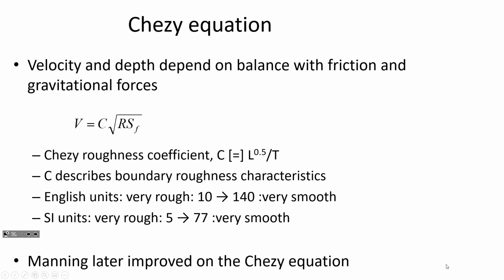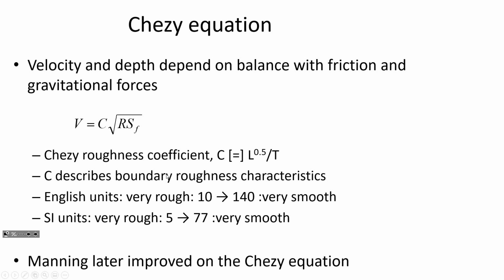And so what they did was empirical measurements, where a series of researchers would make a measurement of the slope of the energy grade line, the roughness of the pipe material, and the velocity, and from the measurements they came up with roughness C values.